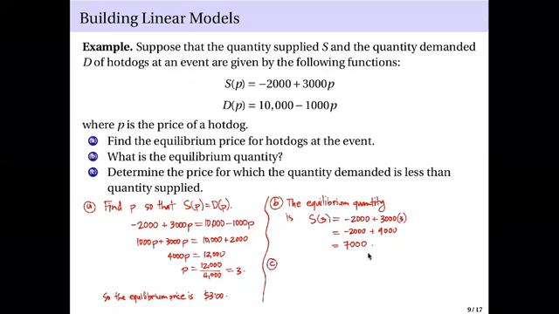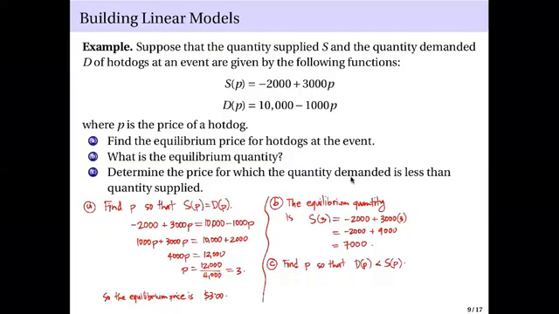For letter C, determine the price for which the quantity demanded is less than quantities supplied. So our goal is to find P so that the quantity demanded, D of P, is less than quantity supplied, which is S of P. So what do we expect?